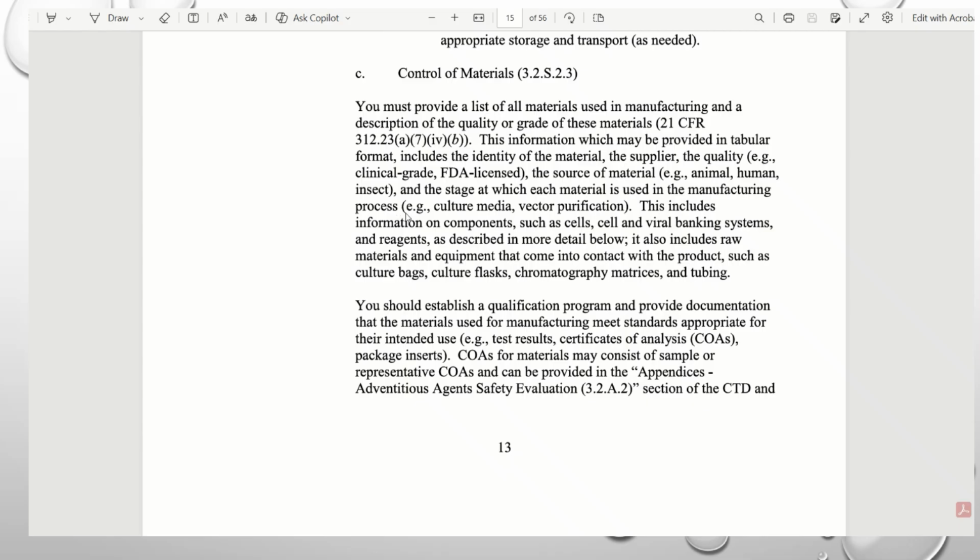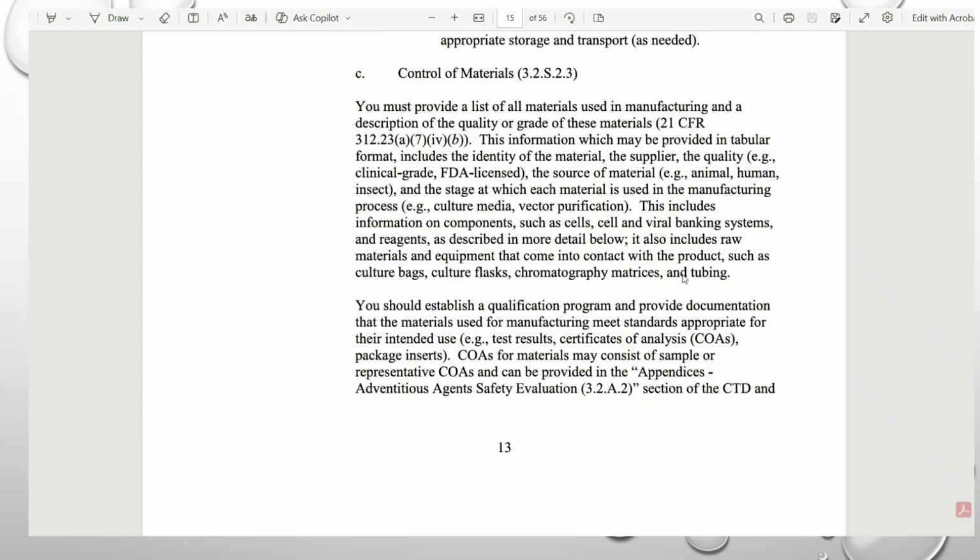Again, that's something that is required for that particular section in a tabular format for the European Union as well as the FDA. And this includes information on components such as cells, cell banks, viral banking system, and reagents as described below in more detail. It also includes raw materials and equipment that come into contact with the product, such as culture bags, culture flasks, and chromatography matrices, because you can get issues with contamination, impurities.